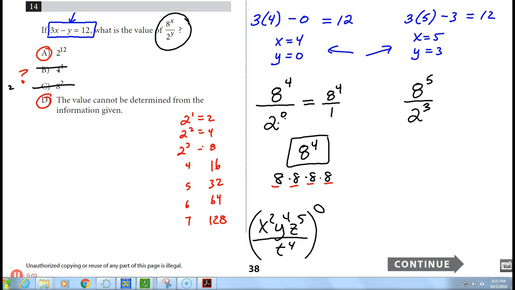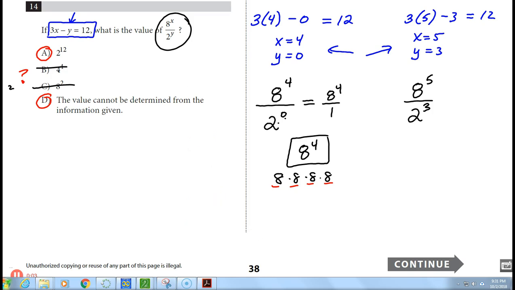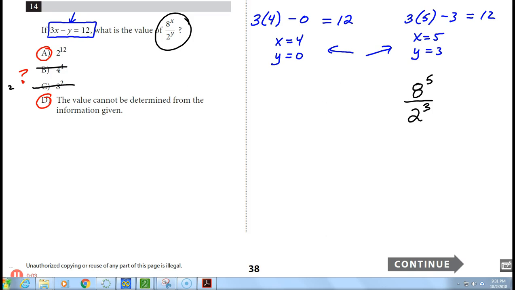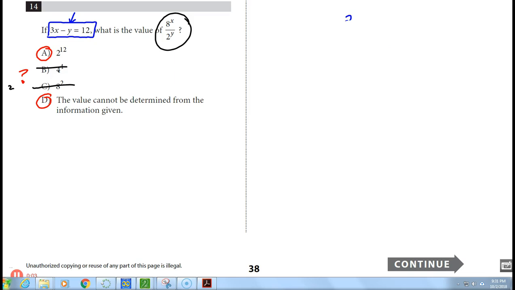So I'm going to skip to probably the more not traditional, but maybe the more sophisticated way of doing this. And that's trying to get powers to have the same base. So recall that when you divide powers, let me just make up a what-if type of problem over here, let's say x to the 6th divided by x squared.